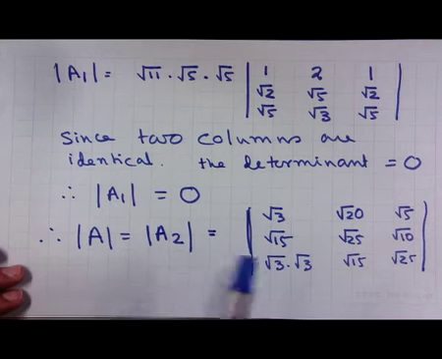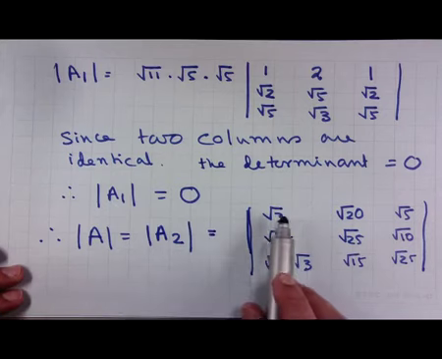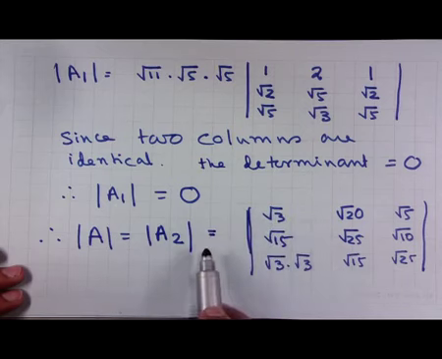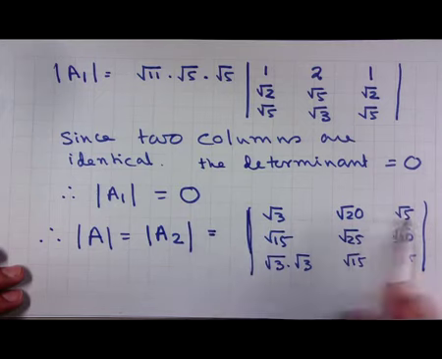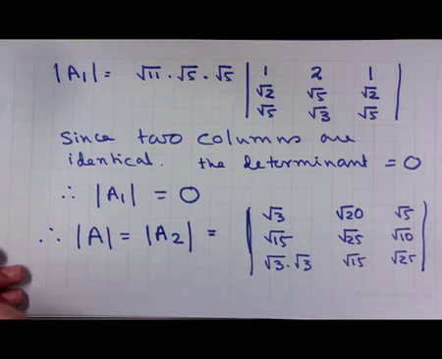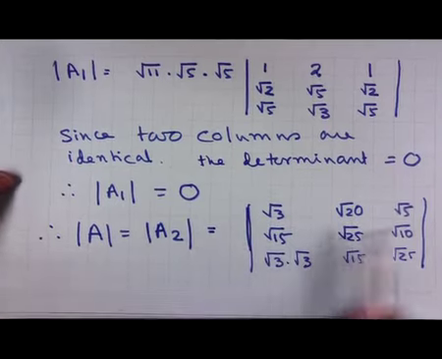Now, looking at this, we can see that we can take root 3 common out of the first column, root 5 we can take common from the second column, same for column 3.